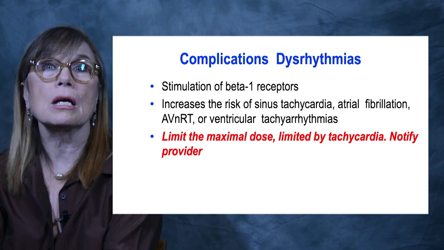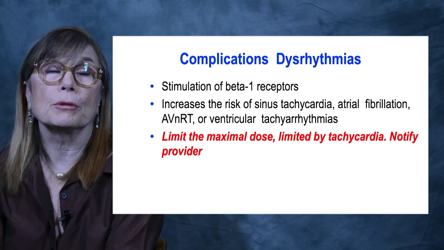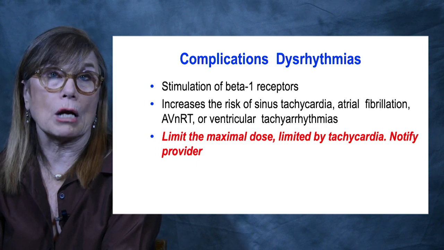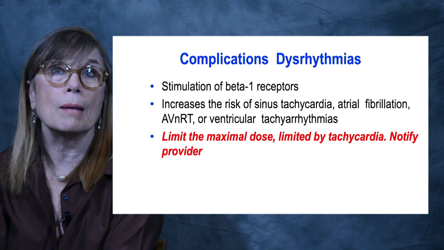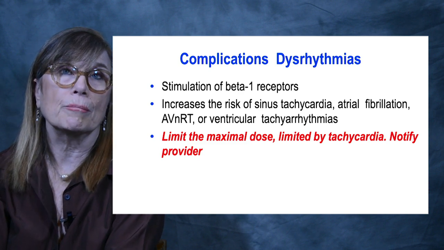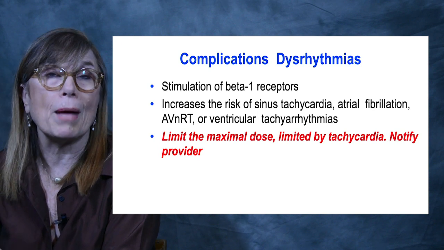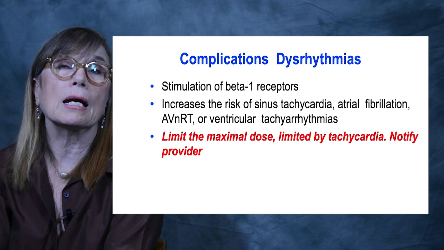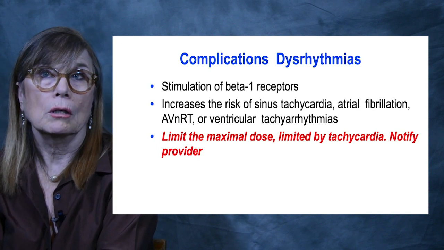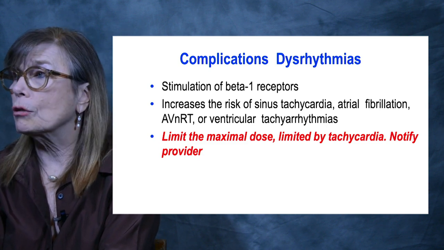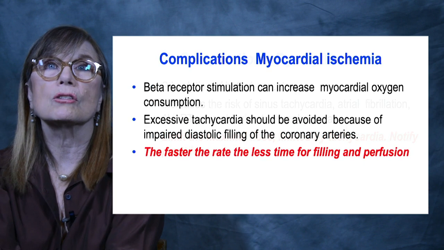There's no guarantee, but we're going to limit the maximal dose. As soon as we see tachycardia associated with these drips and we're titrating them up, we're going to notify the provider. We want to have a good discussion about the role of the medication in actually increasing the heart rate, AFib, AV reentry tach, or ventricular tachydysrhythmias.